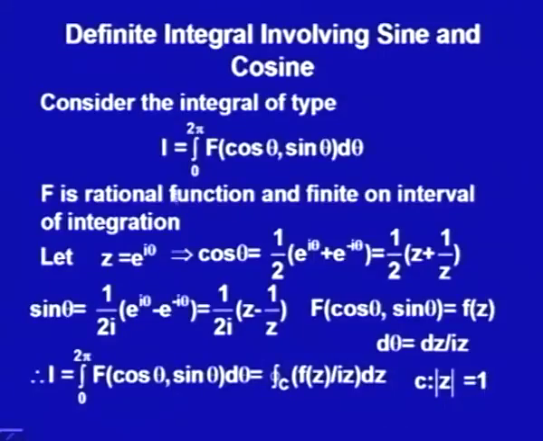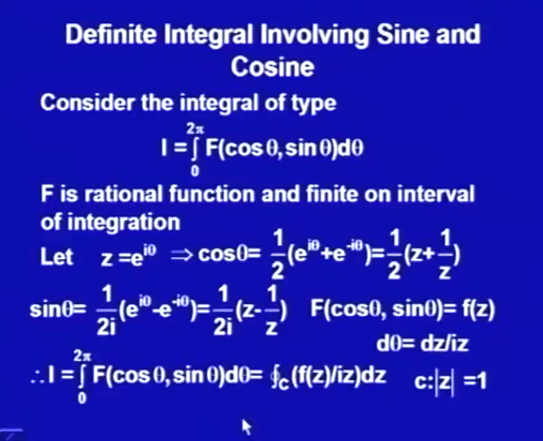So, if we have a definite integral involving sin theta and cosine theta ranging from 0 to 2 pi, we can change it to a contour integral on the unit circle.